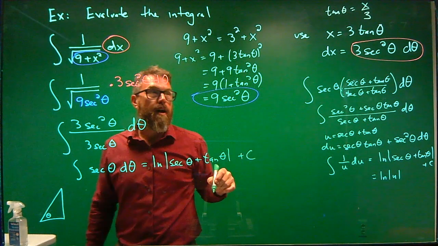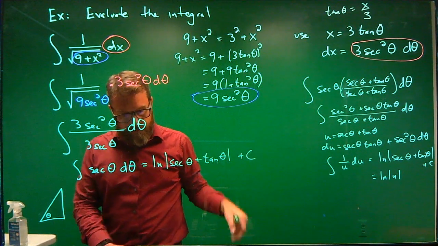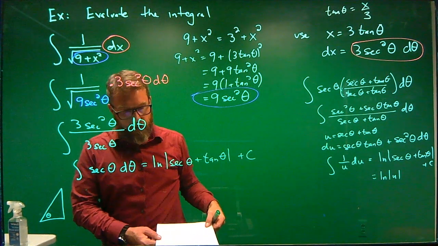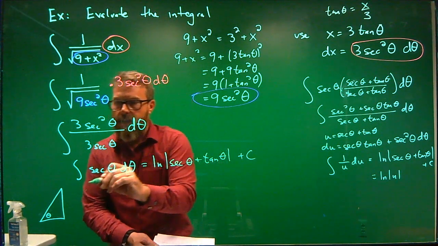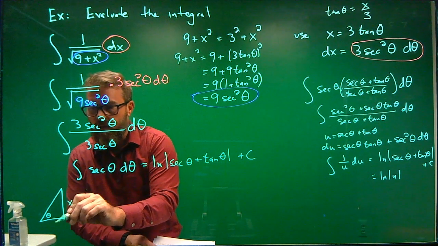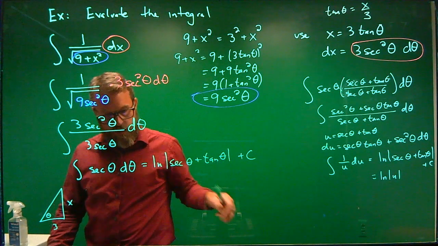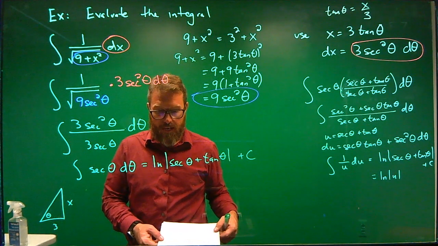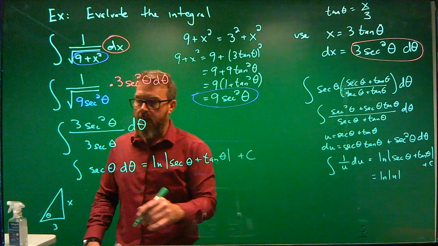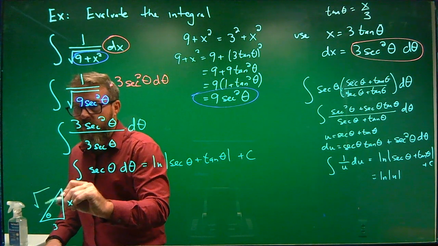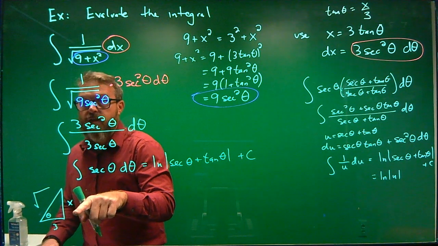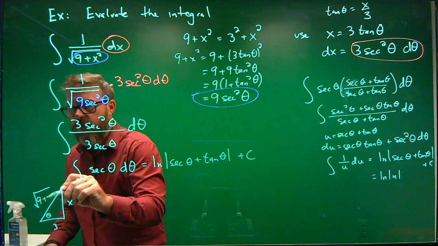So this side is x, and this side is 3, which means the hypotenuse is the square root of that binomial: the square root of 3 squared plus x squared, or 9 plus x squared.